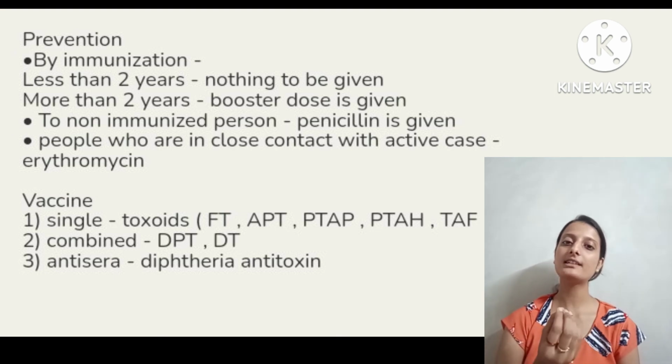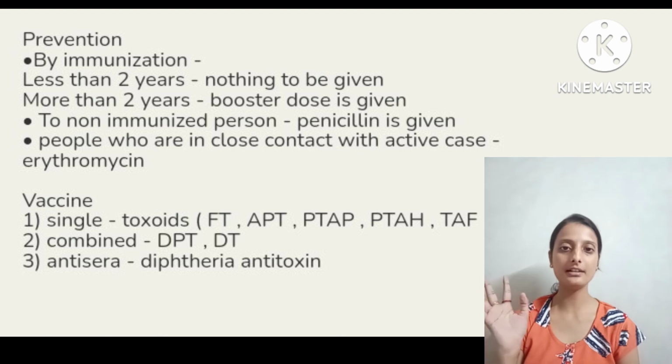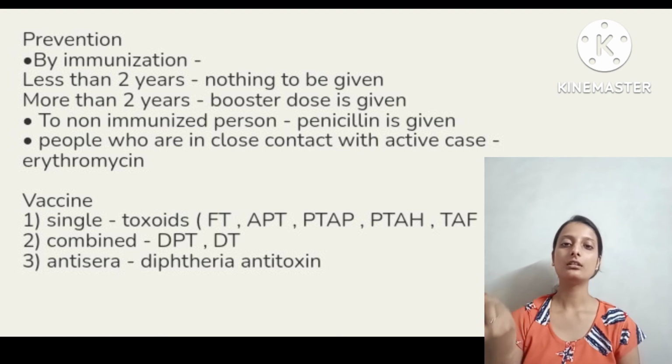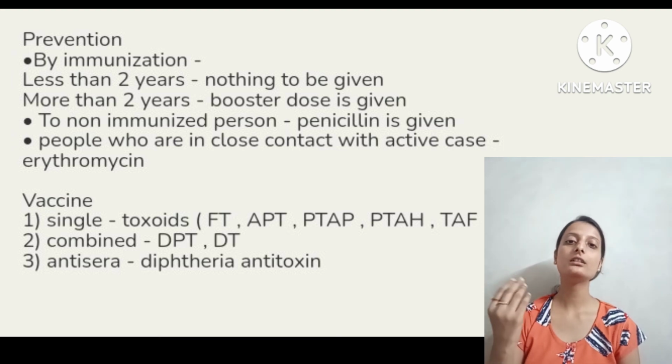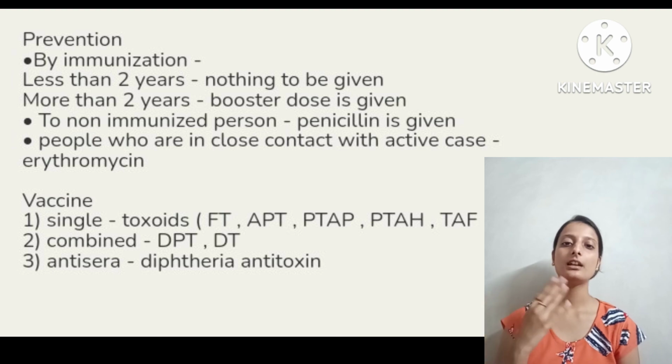The single vaccine contains different variants like formol toxoid, purified toxoid of aluminium hydroxide, purified toxoid of aluminium precipitates, and there are many other variants as well.